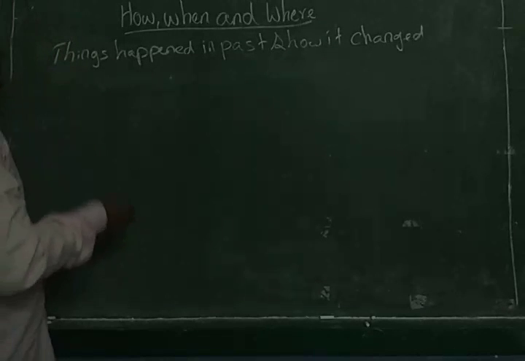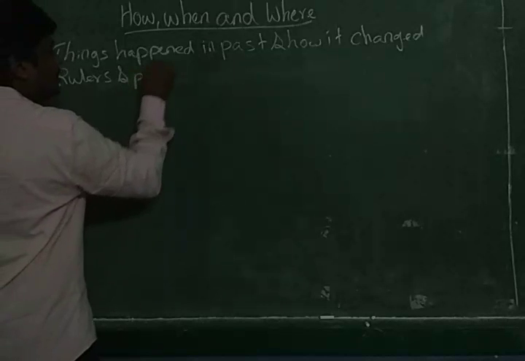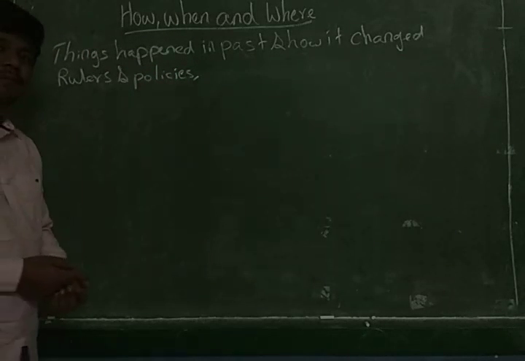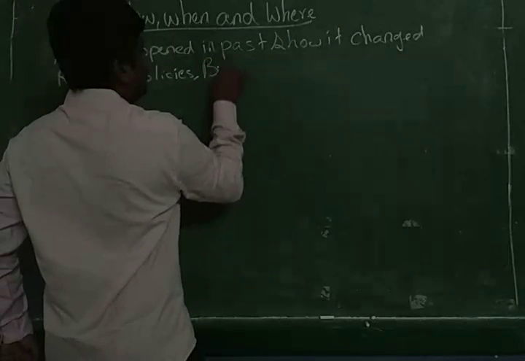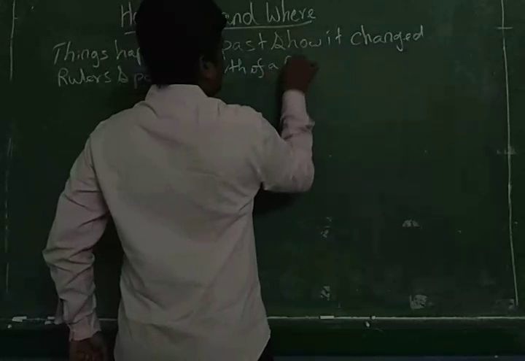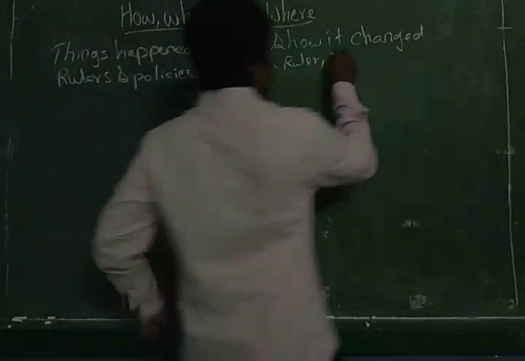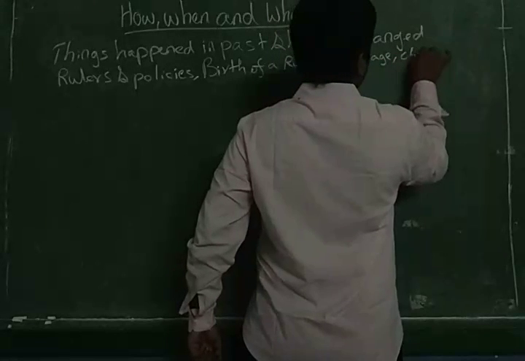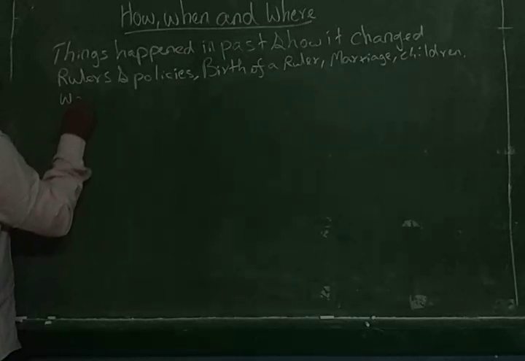Mainly about the rulers and policies, right? Okay, rulers and policies. And what else are we saying? The birth of a ruler, and his marriage, children, and the wars.